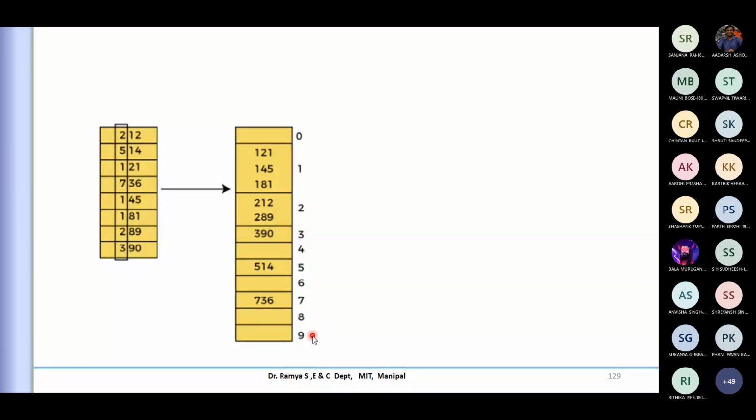So if it is a binary system, I will always be putting into buckets of zeros and ones. In this case, it is 0 to 9 categories. It is easier to implement in programmatic terms, because I do not have to iterate depending on the number of elements here.